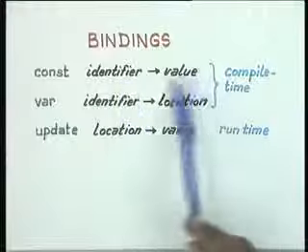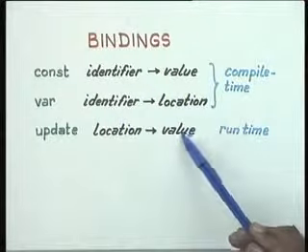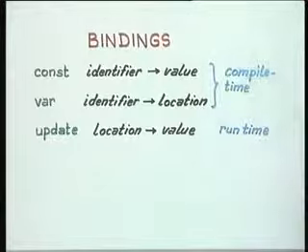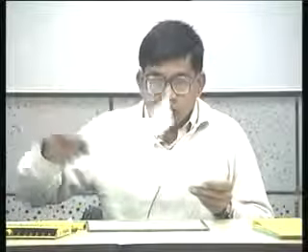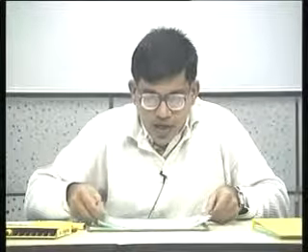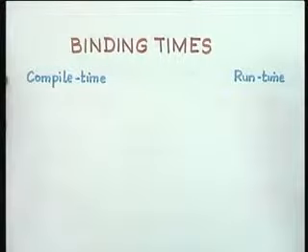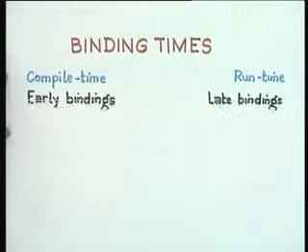Even these identifier value and identifier location bindings are often done at runtime. This is typically with dynamic data structures. Even in Pascal you have various name location bindings occurring at runtime, right? The language Lisp, for example, carries it much further. Languages like Snowball and Lisp believe in runtime bindings as opposed to compile time bindings. So they believe in what are known as late bindings.